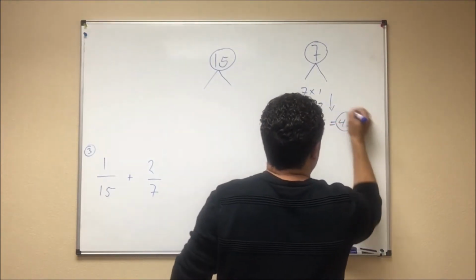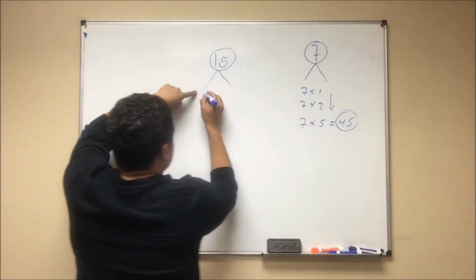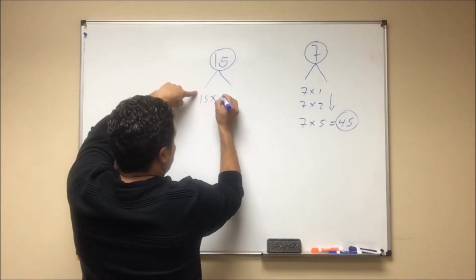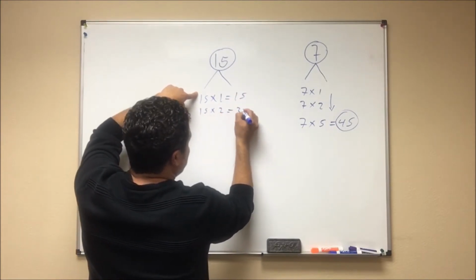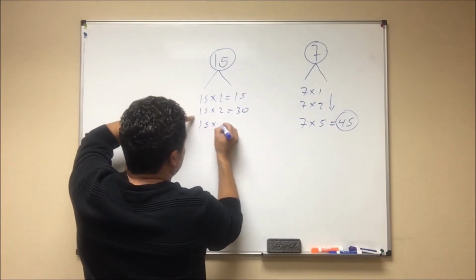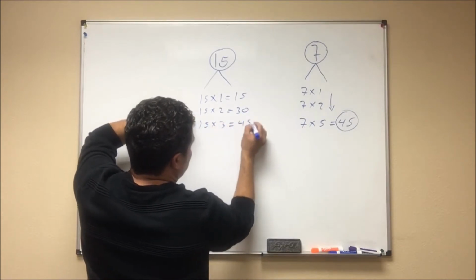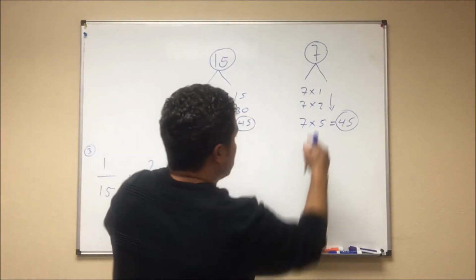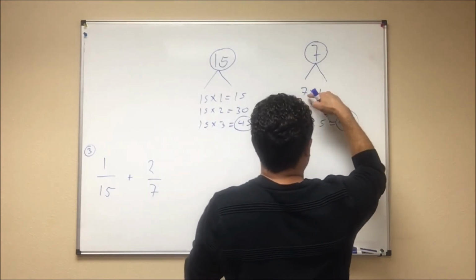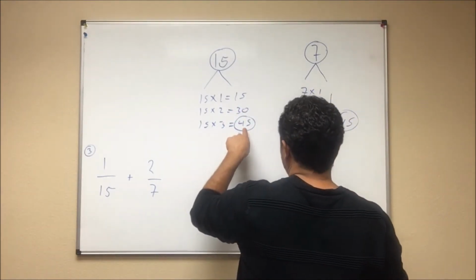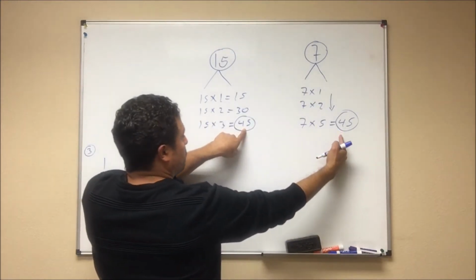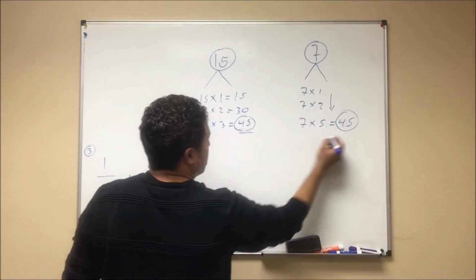And then this same number, you're gonna find it over here. So 15 times 1 is 15, 15 times 2 is 30, well 15 times 3 is 45. 30 is not a multiple of 7. 15 is not a multiple of 7. Therefore, your next common lowest denominator would be 45.